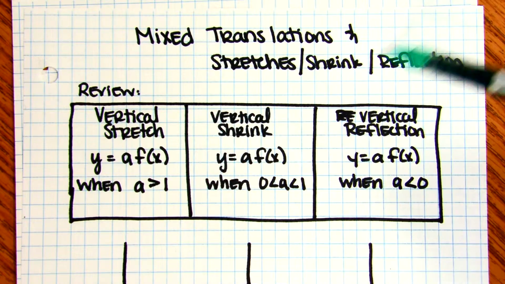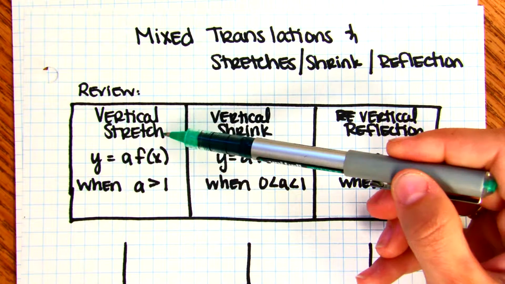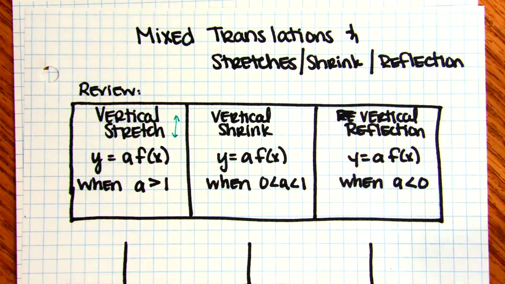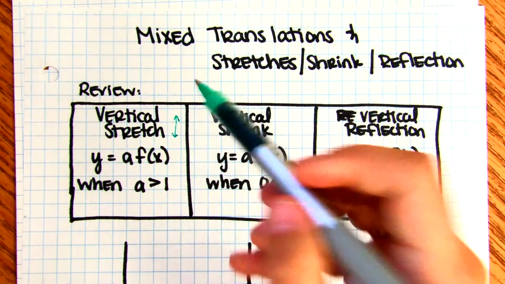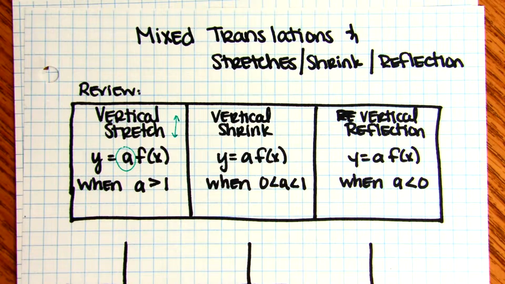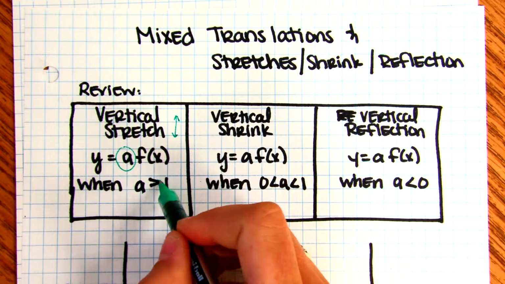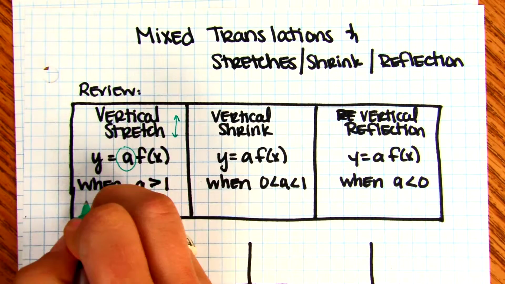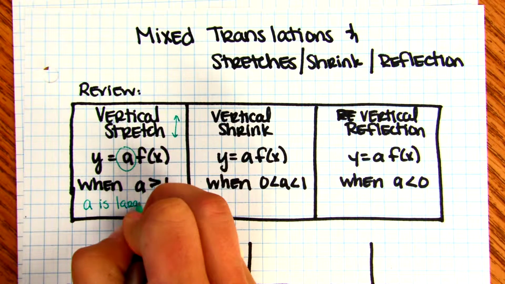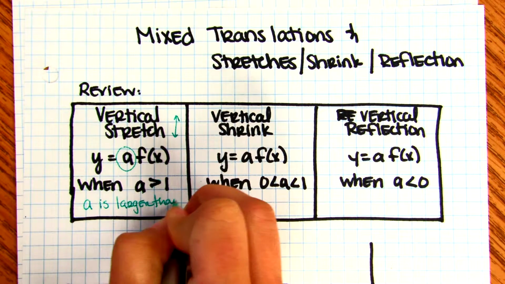As a review, a vertical stretch, vertical meaning up and down, stretching meaning to make it taller, happens when we have a value multiplied by the parent function, and that value A is larger than 1.